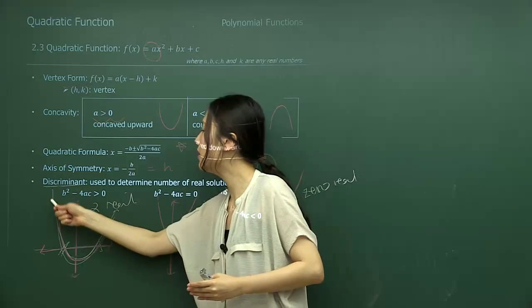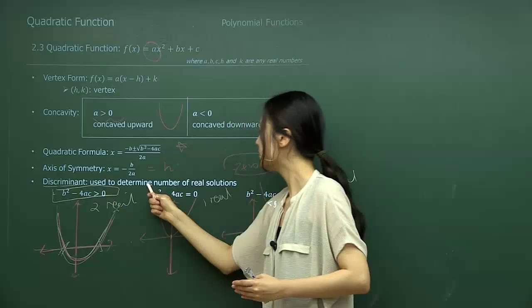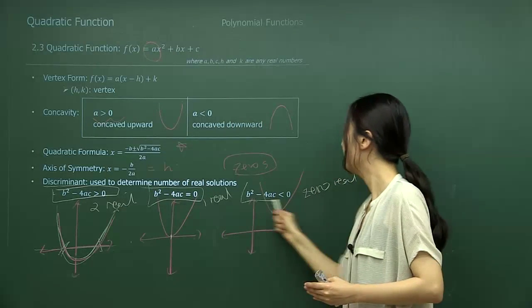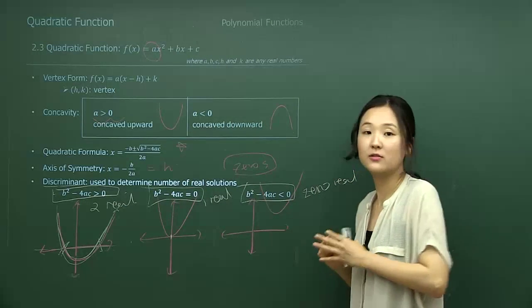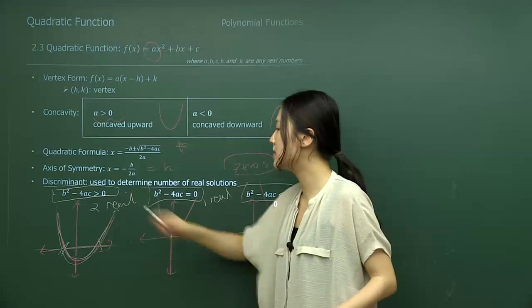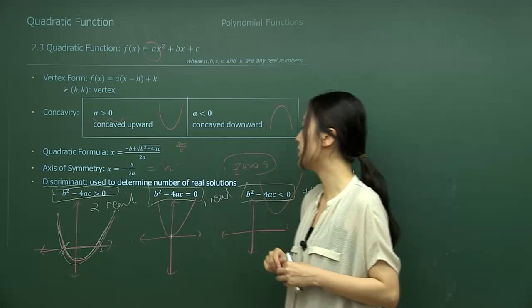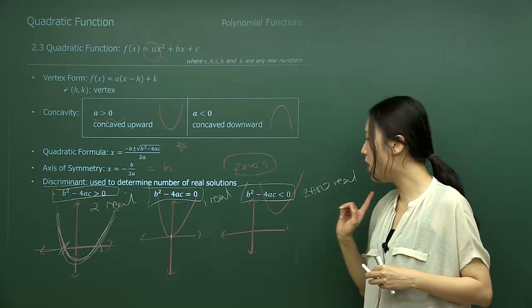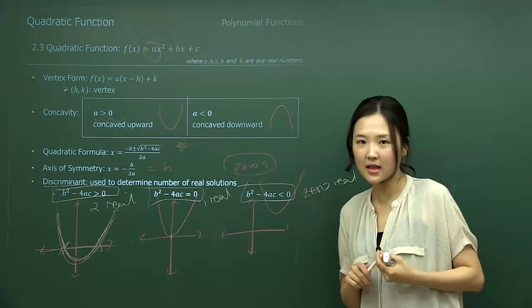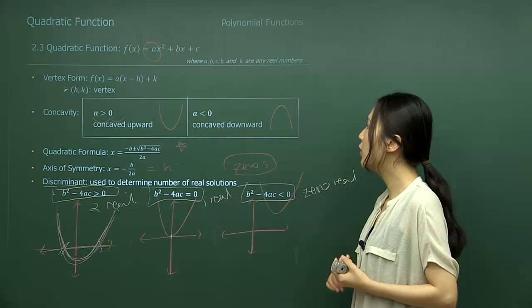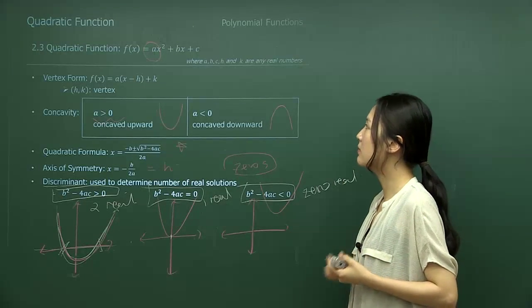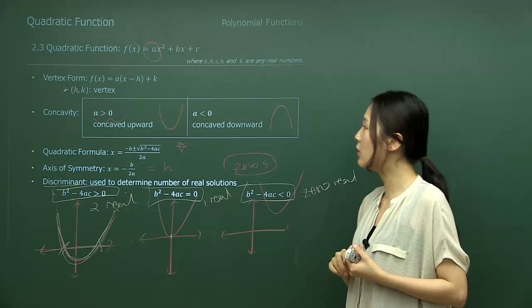Basically, when you plug your b and c into this formula, and depending on what the values are, if the value comes out positive, then you know without the graph that there are two real zeros. If it equals 0, then 1. If it's negative, then none. So there are many things that we can determine by just looking at the simple equation.